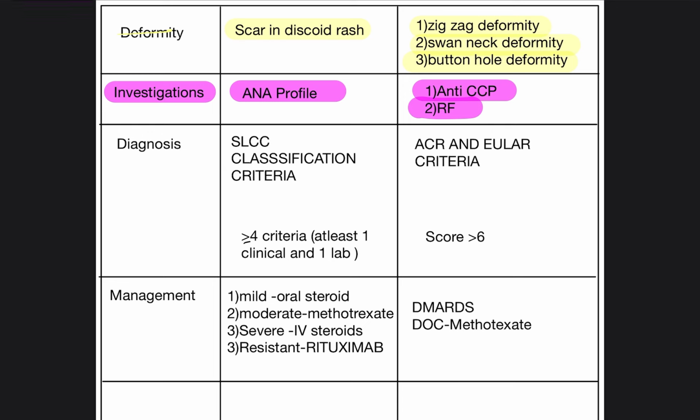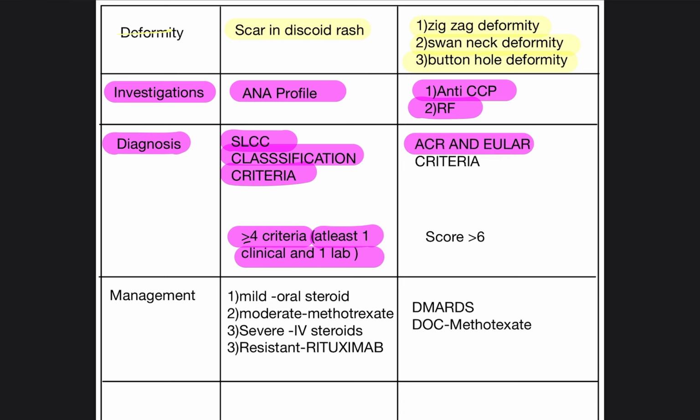So, how do you diagnose SLE? We diagnose SLE by the SLICC classification criteria. If 4 or more criteria are met, then it is SLE. In that, at least one should be a clinical criterion and at least one should be a lab criterion. And how do you diagnose rheumatoid arthritis? We use the ACR/EULAR criteria. If the score is 6 or more, then it is rheumatoid arthritis.